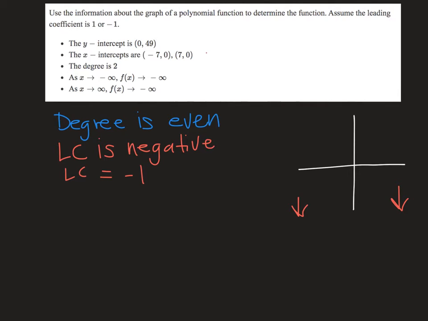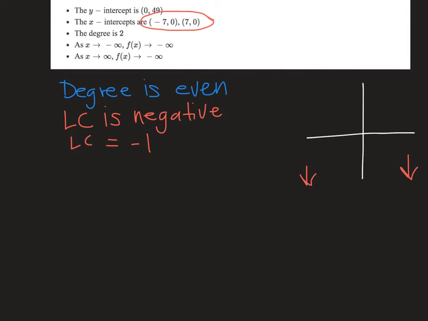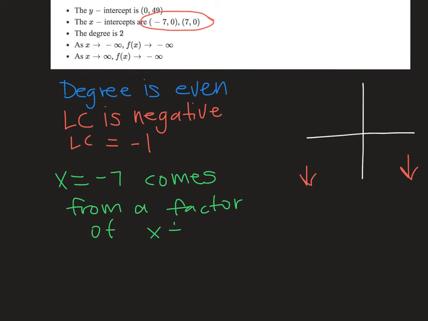Now, we're told that we have x-intercepts of negative 7 and 7. Okay, so x equal to negative 7, we have to think about if we were solving for that x-intercept at negative 7, it would come from a factor of x plus 7, right?